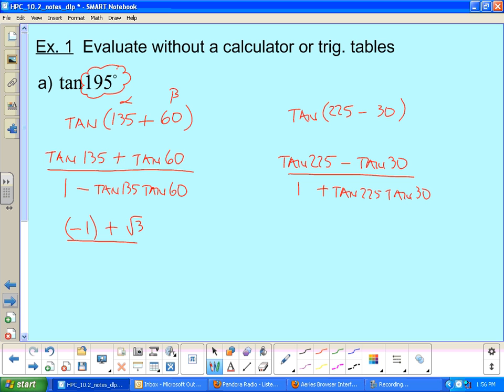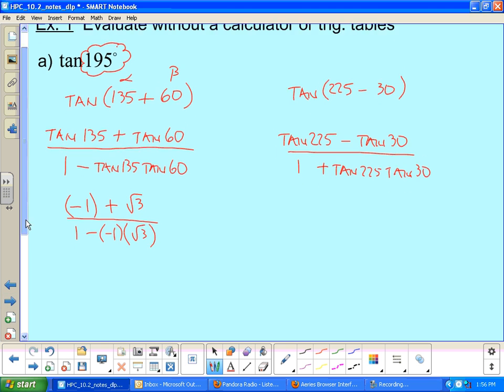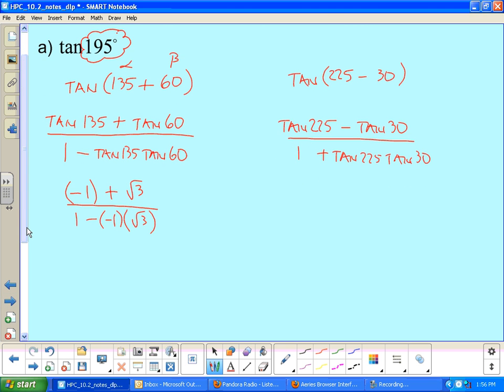All right, so there's the numerator, and then we have 1 minus, well, we have the same value. So 1 minus a negative 1 for the tan of 135. Tan of 60 is root 3. So I've got a denominator with a radical in it, so we're going to have to rationalize this. I get negative 1 plus root 3 all over 1 plus root 3.